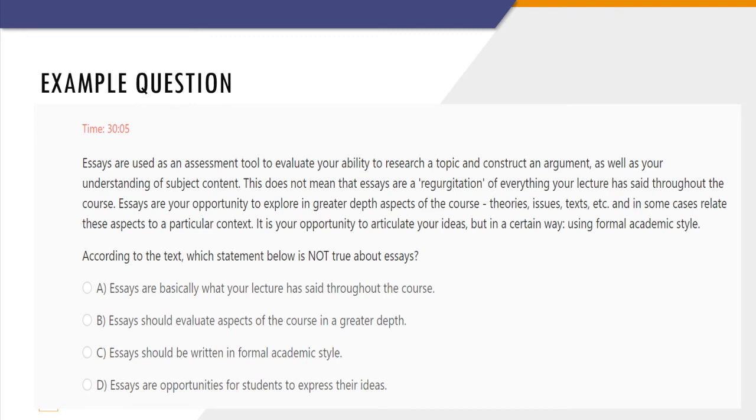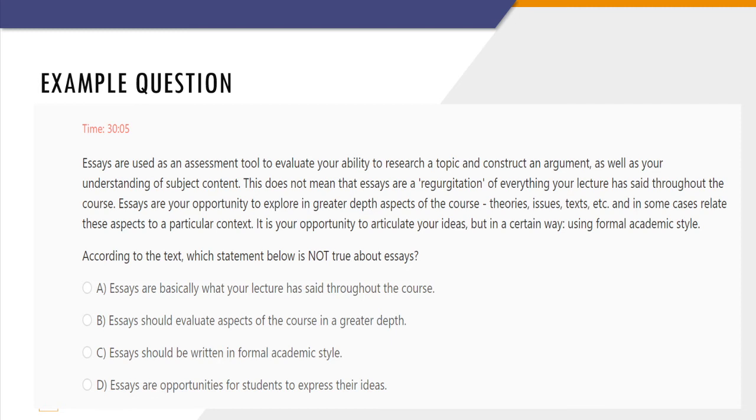Rather than reading the whole paragraph, for this question you can actually take each option, compare it with the paragraph and see whether it is true or false. If I take from below, essays are opportunities for students to express their ideas. You can see that the paragraph says it is an opportunity to articulate your ideas.